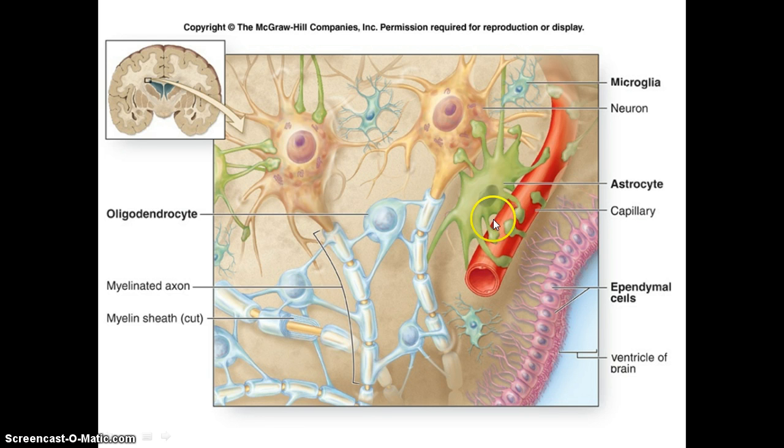Basically this nervous tissue is very sensitive to toxins, for example, or interstitial fluids that don't have an optimal ion concentration. So the blood-brain barrier limits what can enter brain tissue.